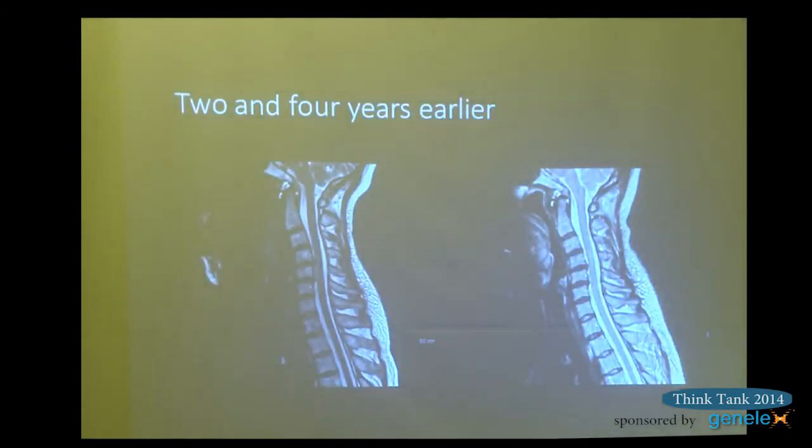This is what she looked like 2 years earlier, and 4 years earlier. And it really hasn't changed all that much, although she's becoming more symptomatic. I question that she may have a tethered cord in addition to having skull base craniocervical junction problems. And one of my frustrations is seeing this sort of thing and recognizing that it's a problem.